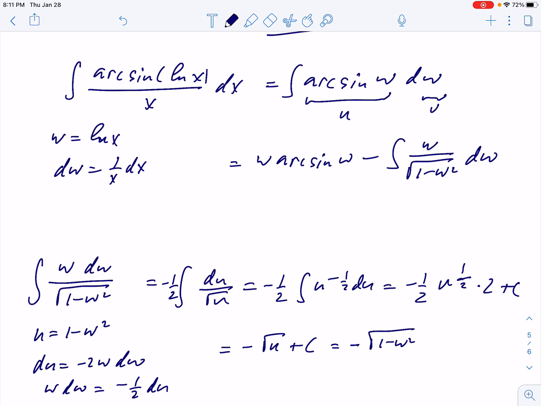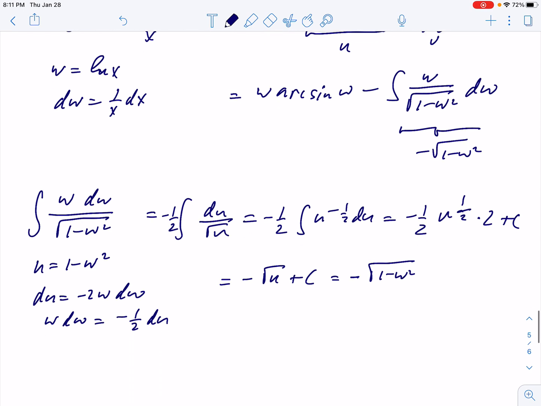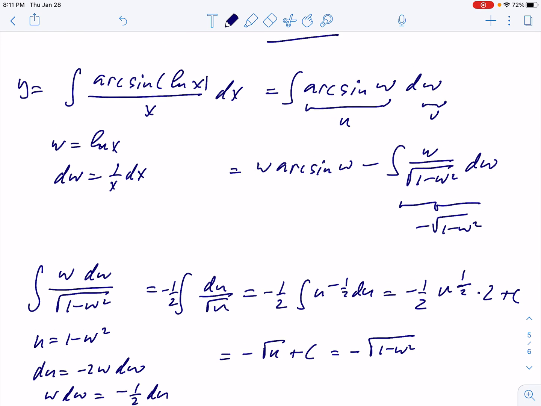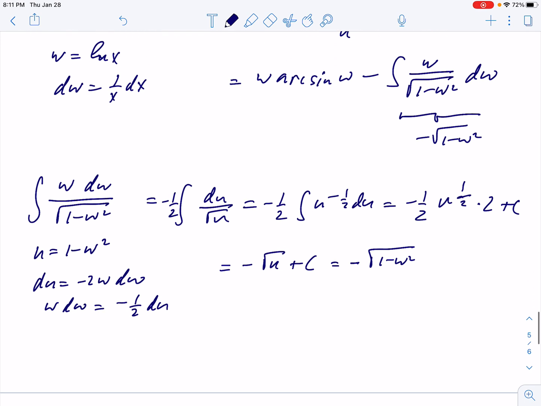And this, remember, will be right here. This integral is negative root 1 minus w squared. So the initial integral, again, let's call it j. This integral will be w arc sine w, minus minus, plus plus, root 1 minus w squared plus c.